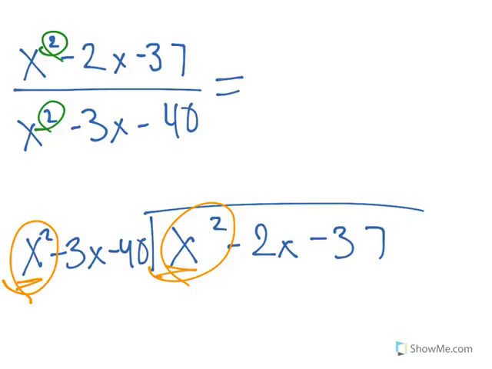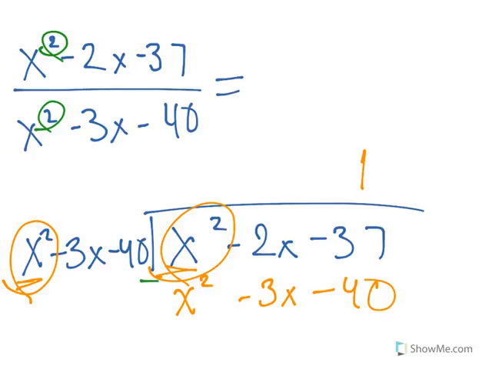You need to look at the terms with the leading coefficients, and so we just need to multiply this by 1 in order to get x squared. So we have x squared minus 3x minus 40, and we subtract that from whatever we had before.